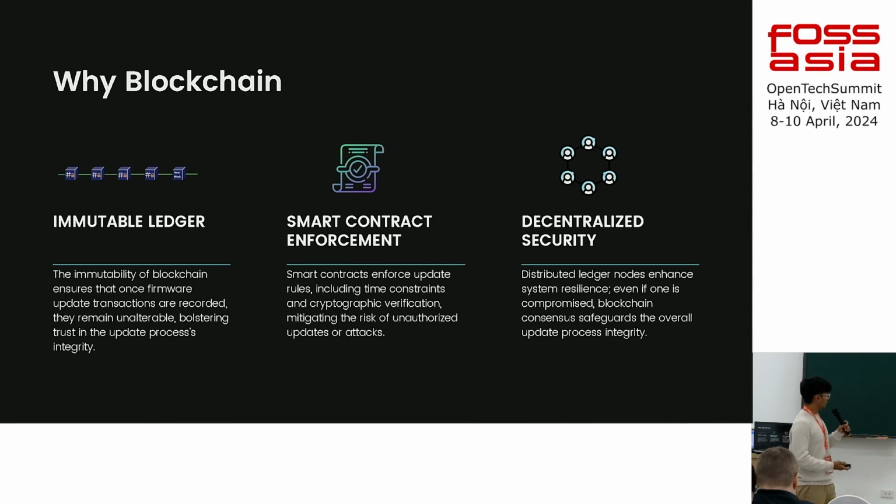You can write your logic of update, the whole update flow, in this smart contract, and deploy it on the chain, and it will run automatically when the conditions are met. The third thing is decentralized security. As I said before, this is a network, and you have to gain the majority of the network power in order to change anything in the network.